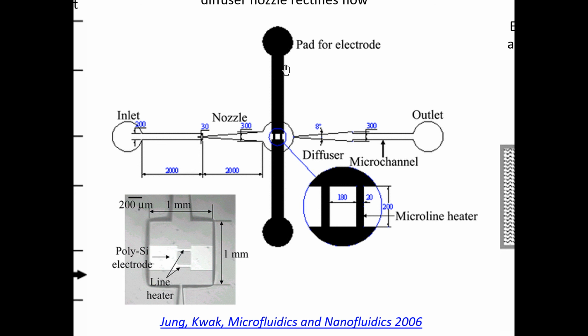The black regions here are basically an electrical connection. These are metal lines. And in the middle of this chamber here, you can see that we have 2 metal lines here that are just for the purposes of heating. A wide electrical line doesn't have that much resistance, so electricity flows through there easily.